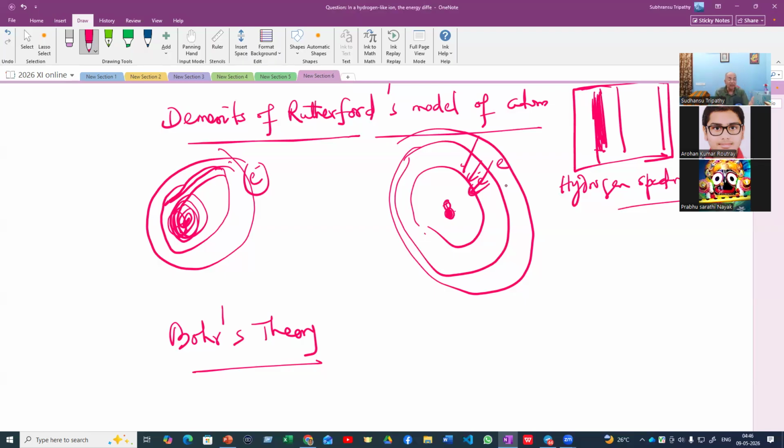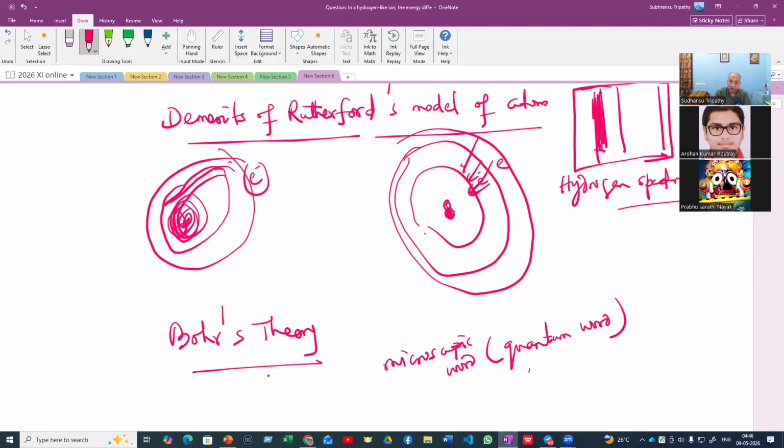But inside the atom, the world is different. It is called the microscopic world, or they call it the quantum world. There, those theories will not work. A new set of theories will be operational.